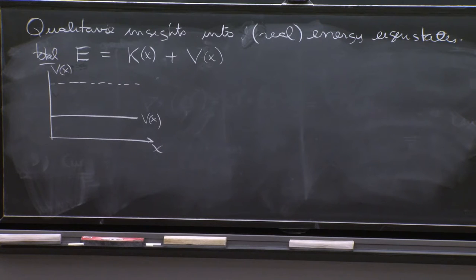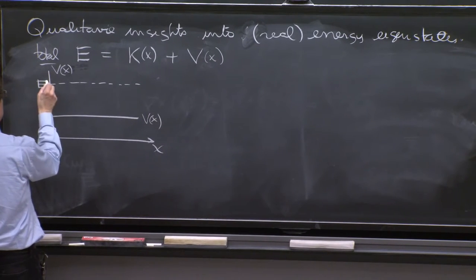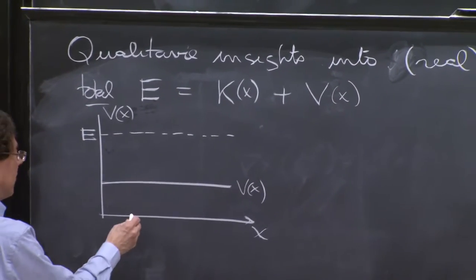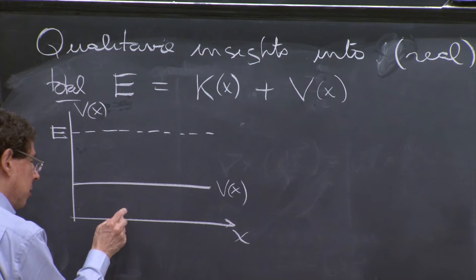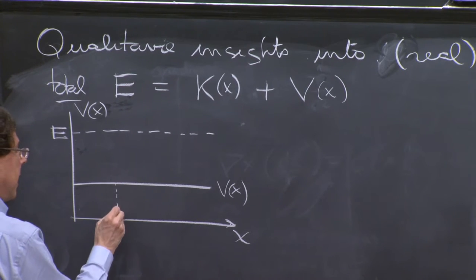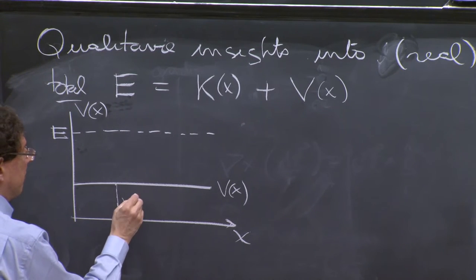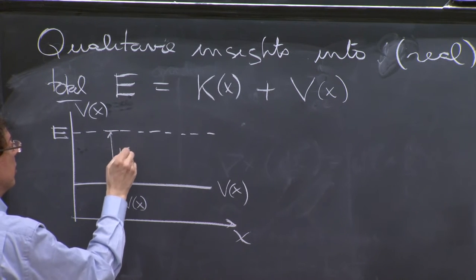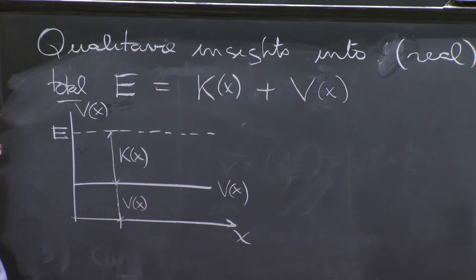No, it's just a number there that I fixed. Here is the energy. And then wherever you move, if the classical particle is here, then it has some potential energy V of x and some kinetic energy K of x, building up the total energy.